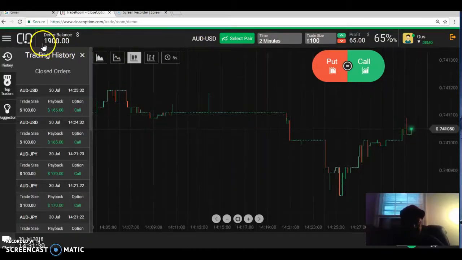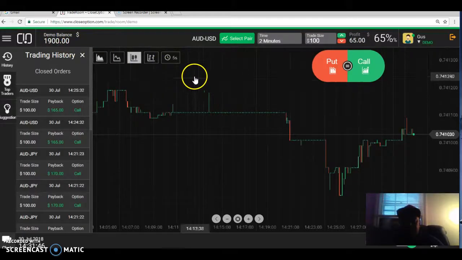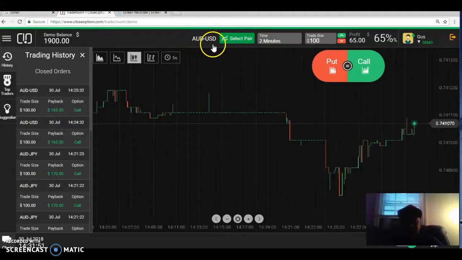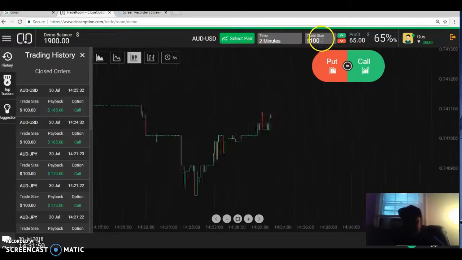Okay, I started out with a $1,000 balance, and I've managed to grow it to about $900. So we're going to go ahead. What I'm looking at here is the AUD USD, the Aussie dollar US dollar. These are 5-second candles, and I'm doing 2-minute trades, trading $100 lot sizes.